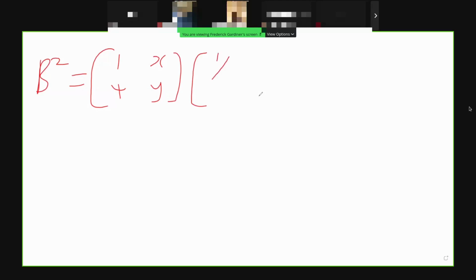So b squared will simply mean b multiplying itself 2 times. What was our b? 1, 4, x, y, multiplying itself again: 1, 4, x, y.